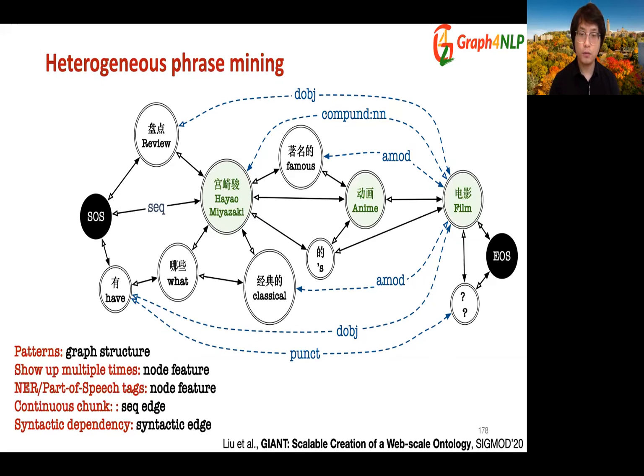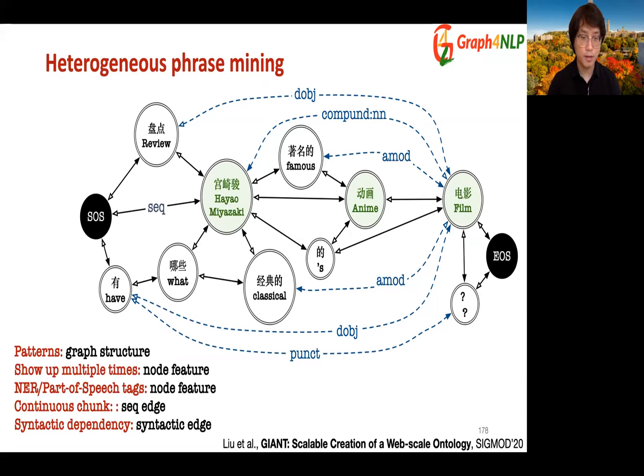If two nodes are not adjacent anywhere but have a syntactic dependency, we add a syntactic edge between them. For each edge, we have both the forward direction and the inverse relation, so that each edge is bidirectional, but the forward and backward are different relations.